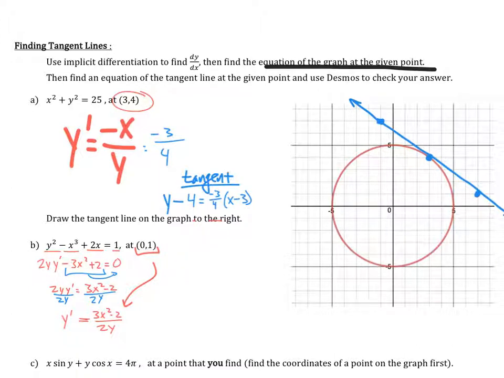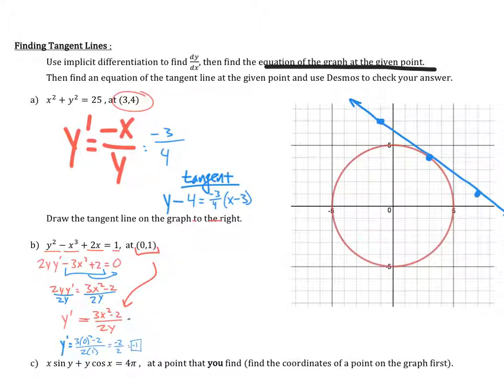So plugging in 0 for x and 1 for y, we get 0 minus 2 all over 2, which is negative 1. All right, so we found the slope y prime equals negative 1.